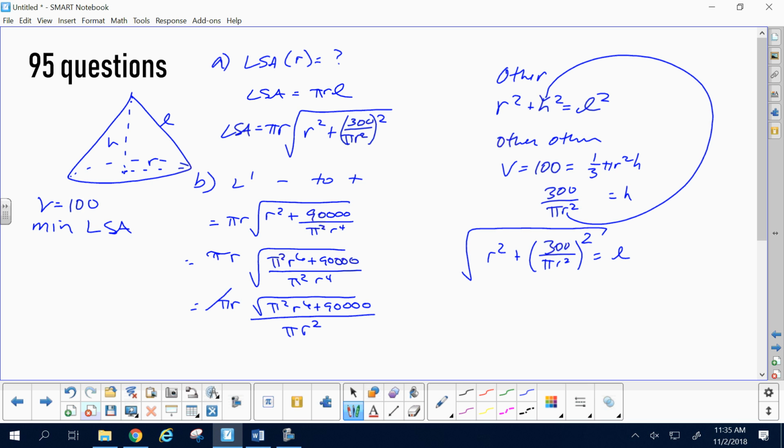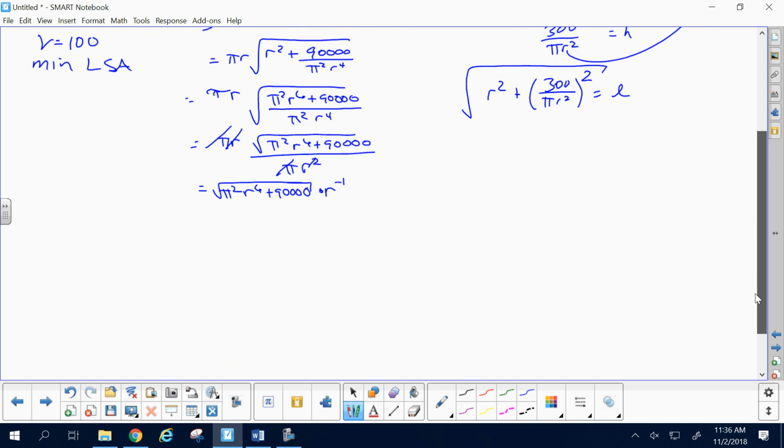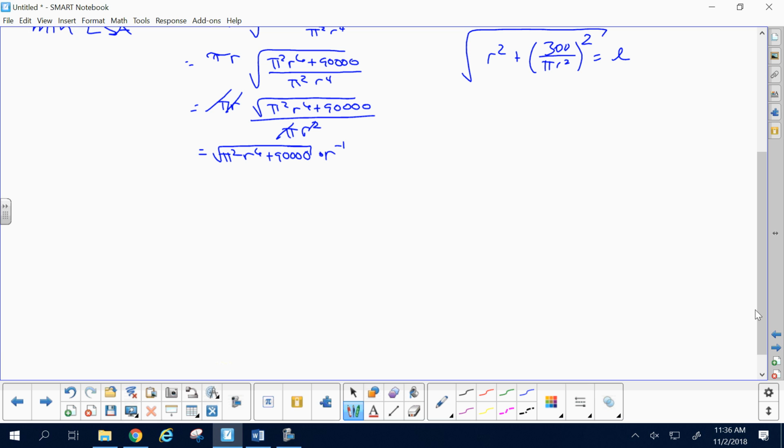Pi divides away, and an r divides away. So lateral surface area in a fairly clean form: root of pi squared r to the sixth plus 90,000, times r to the negative 1. Now that's a testament right there to how ugly this problem is, because if I feel like that's a clean form, then what's an ugly form?